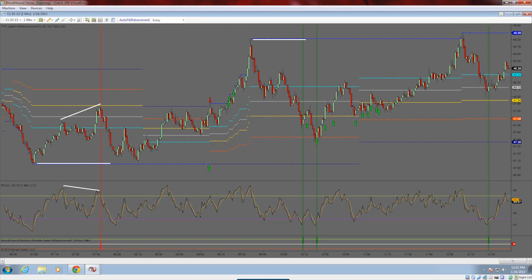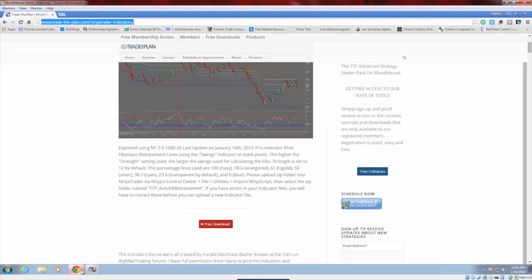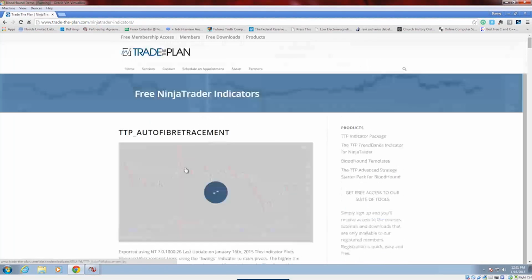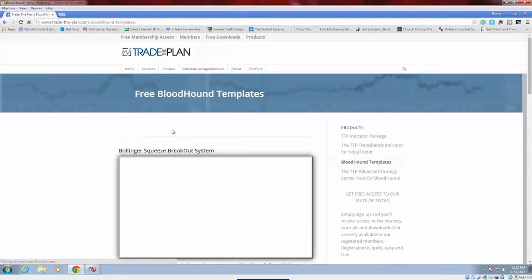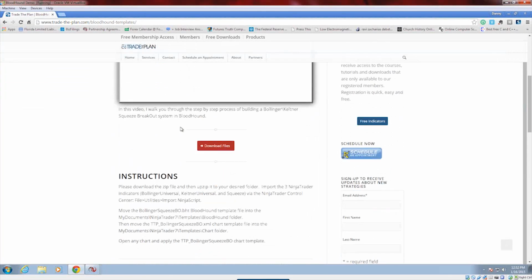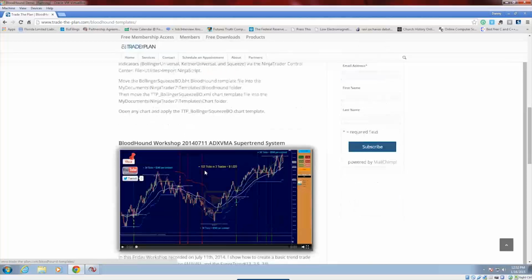He can put it up on the Shark Indicator site, and you'll have the indicator under free NinjaTrader indicators, and then if you go to free downloads, you'll see the BloodHound templates. I'll put the webinar recording and the template here for download, okay?